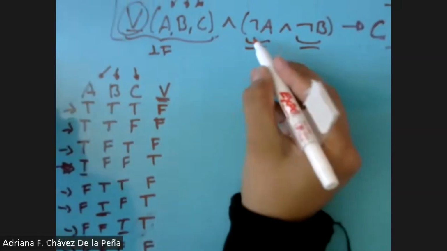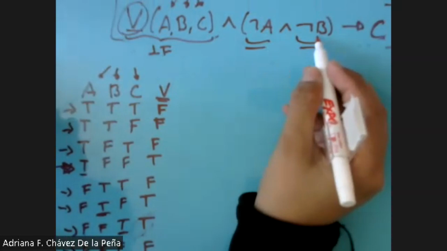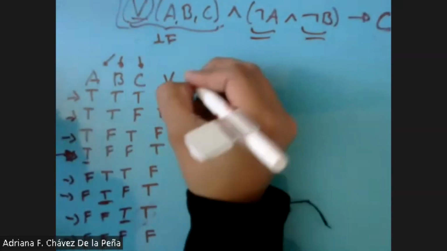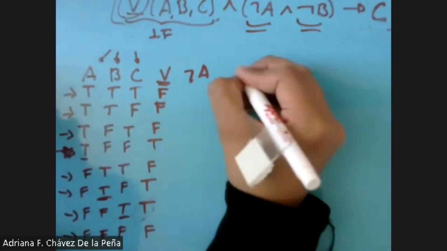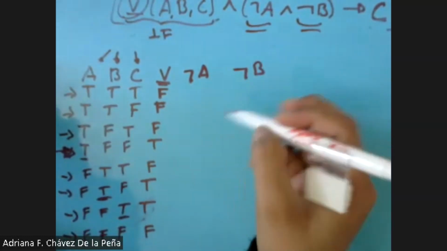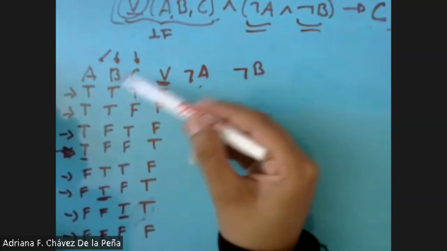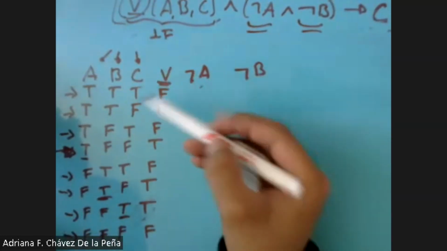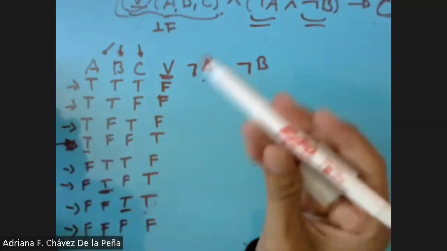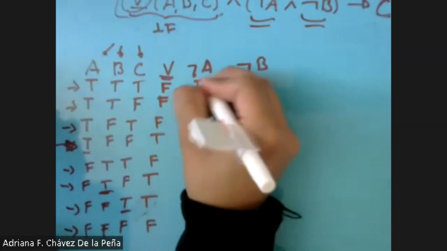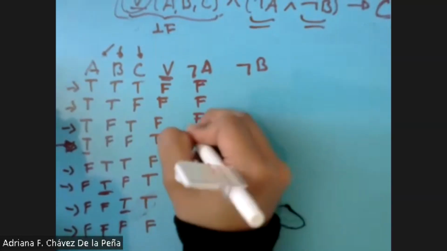So now we have here not A and not B, right? Those are the next elements that we have on our whole compound proposition. I'm going to do here not A, not B. And we're going to see here that not A totally ignores the values of B and C. I'm only going to be taking into account the values of A. So not A is going to be false in the first 4 cases, right?